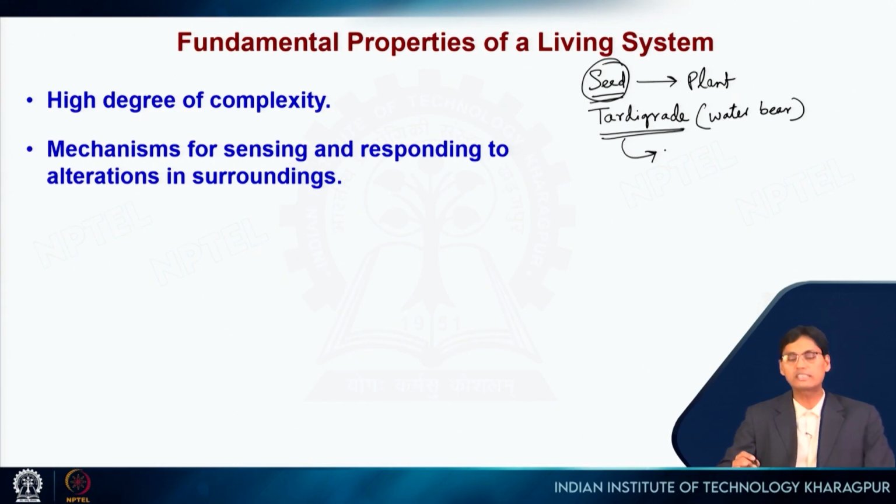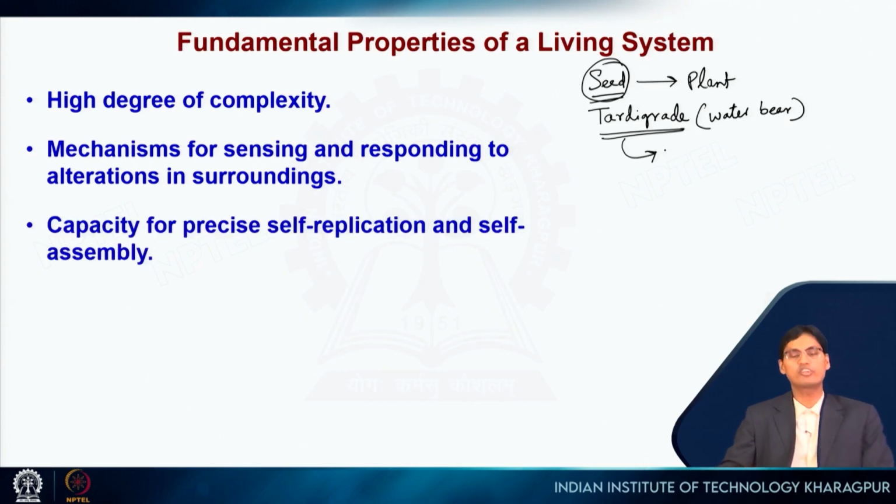For example, as I mentioned with the seed, whenever we give some condition, for example water, the seed will germinate, so it can respond to alterations in the surroundings. Then, the capacity for precise self-replication and self-assembly. This is very important because any living entity, any living unit, will try to make its offspring so that the line can survive, so they can make their own entity.